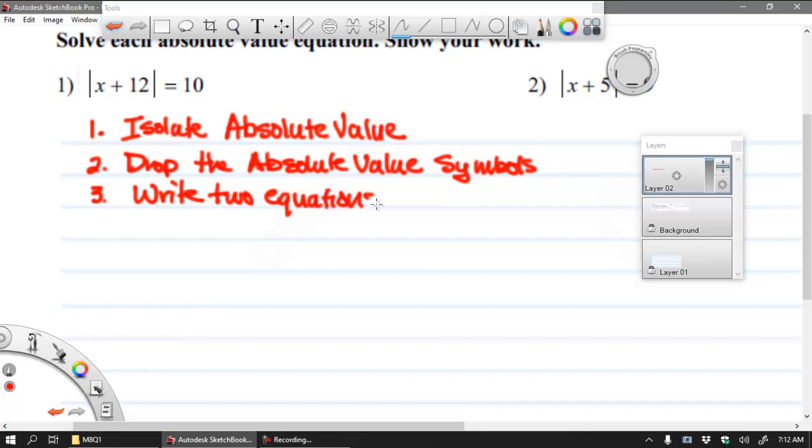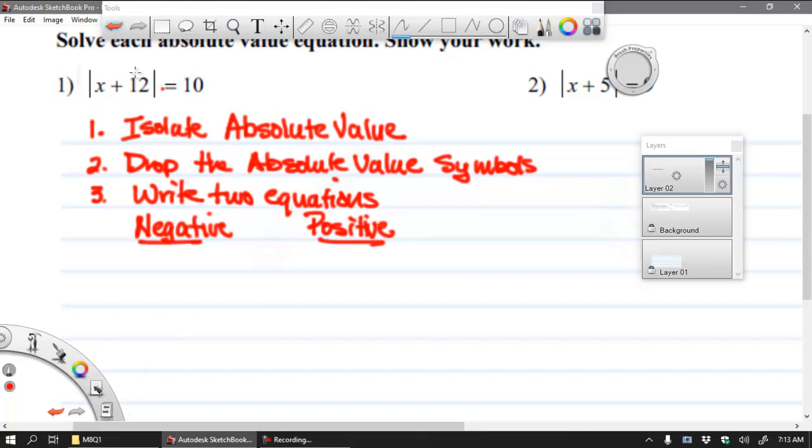Just like in an absolute value, you're going to have one answer that's going to come from the negative side of the absolute value. You'll have another answer that comes from the positive side of the absolute value, just like the 2 places on the number line. So you're going to have a negative equation. And I'm not saying the answer to this is going to be negative. It's going to come from the negative part of the absolute value, and you'll see here in just a minute. So positive equation. So you're always going to have 2.